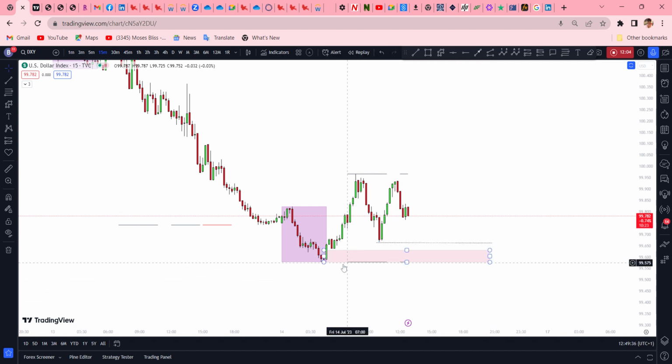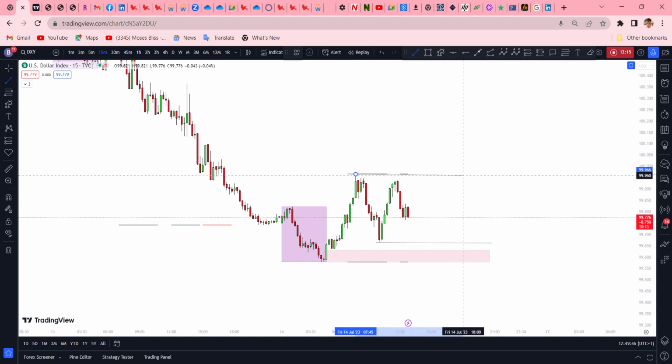This is liquidity, and this can actually still be liquidity because I was waiting for the market to break this, and it didn't break it. So it's trying to tell me that the market might still be bearish on the dollar index. So if it's still falling, then Euro will still be going high, GBP will still be going high, and that's basically it. The more it goes down, the more other pairs go up.